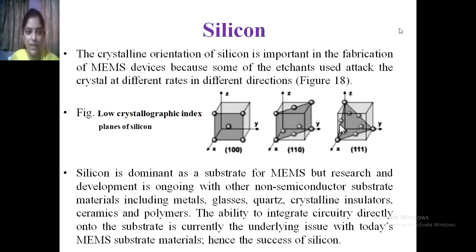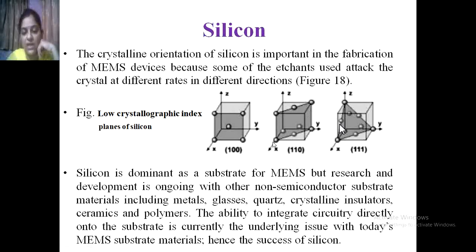The crystalline orientation of silicon is important in the fabrication of MEMS devices, because some of the etchants used attack the crystal at a different rate in a different direction. See this figure, low crystallographic index planes of silicon. This is the front plane, that is 100.